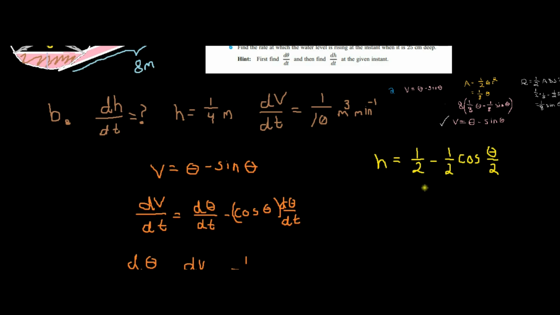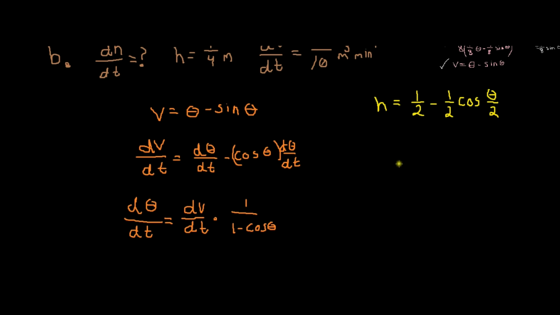So we can find out what our angle is from this, and eventually find out what dh/dt is using this. So first for the angle, factor out 1/2.